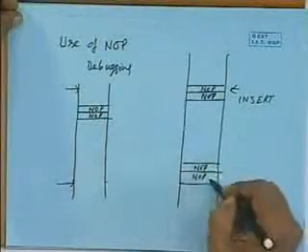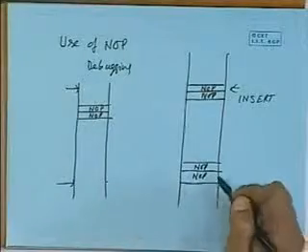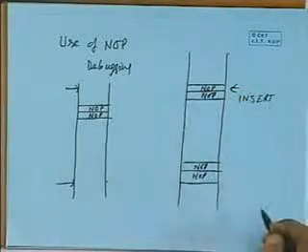So no-op plays a very important role while debugging a program. It can facilitate debugging, so you can write a program by making use of no-op such that debugging is very helpful.